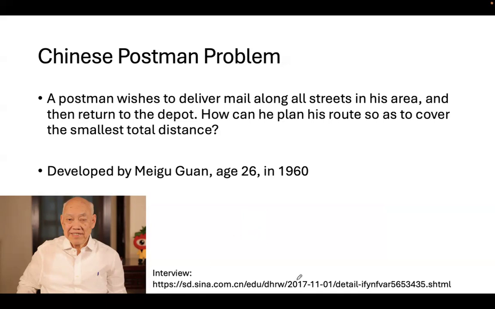I found an interview that they did in 2017 with him, and I thought it was pretty cool because he talked about how he proposed this problem at age 26, and he's done all these other things since then. He's president of a university and all these things. But the thing he's still most known for is what he did when he was 26, which is propose this problem.